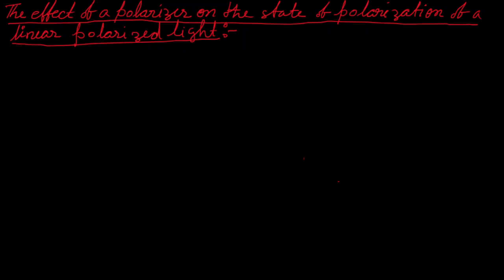Okay, so for that, let's say this is a linear polarizer, LP. LP means linear polarizer. What we are going to do here is impose a coordinate system on this polarizer. Let's say this is the x-axis, this is the y-axis, and this is the z-axis.